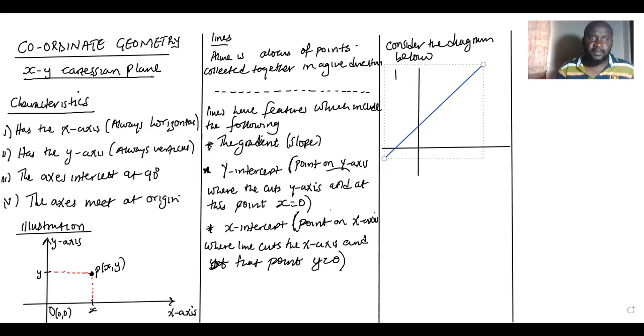Remember you have to label this as the Y-axis and this as the X-axis. This has the coordinates (0, 0). This becomes what we call the Y-intercept, and this one is what we shall call the X-intercept.